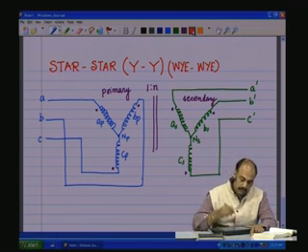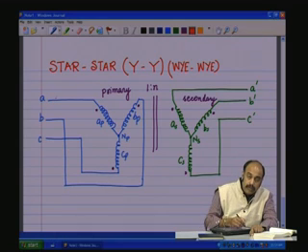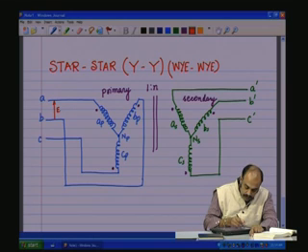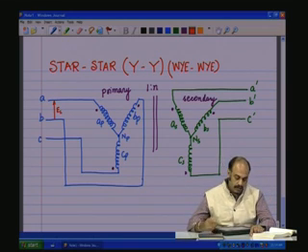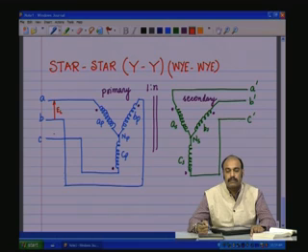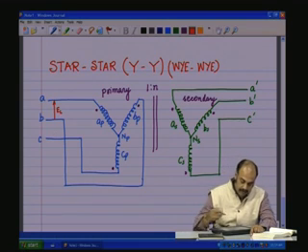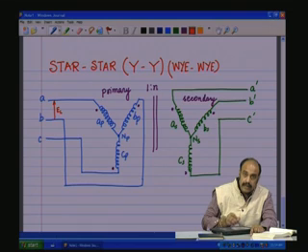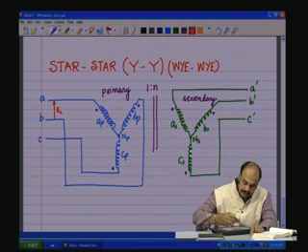Now, if we apply a voltage EL, effective value, to all the three phases of the line, EL will get reflected as a phase voltage of EL by root 3.